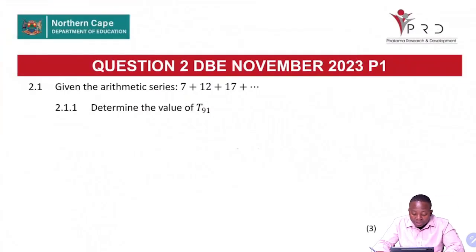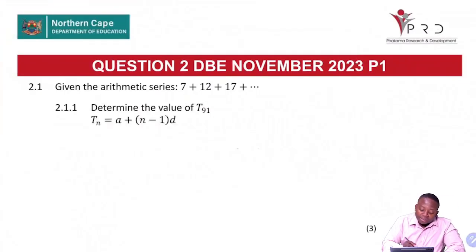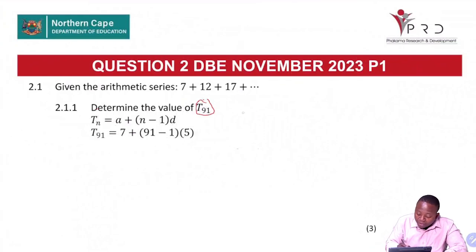Find the value of t91. To find the value of t91, we start with the general formula for an arithmetic sequence: Tn equals a plus (n minus 1) d. Thereafter, our value of a from the series is 7.